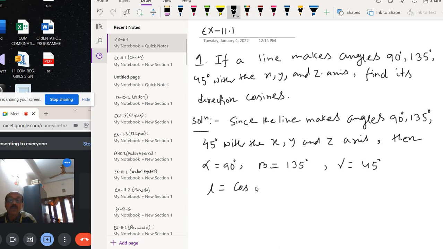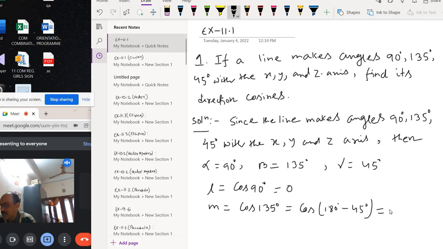Okay, so L equal to cos 90, that is 0. M equal to cos 135 degree, and cos 135 degree means cos 180 minus 45, that is cos of 2 into 90 minus 45.